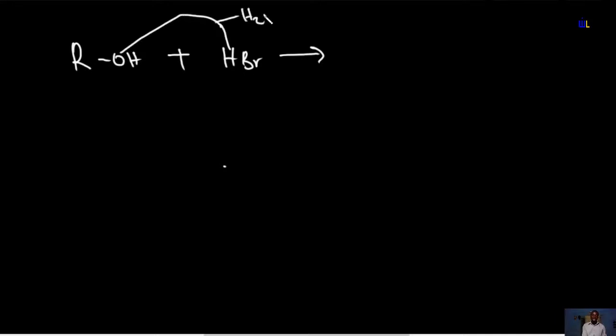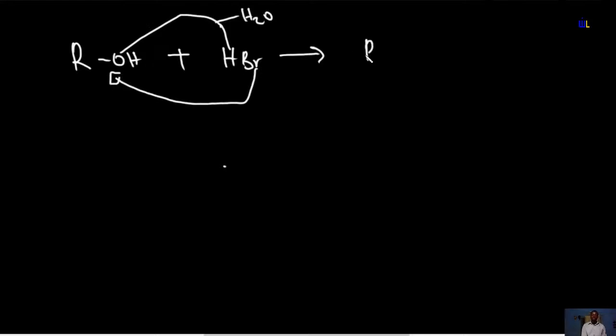Imagine, for instance, you have ROH, an alcohol, reacting with HBr. What is going to happen here is that hydrogen and hydroxyl will combine and form water. Then this Br will replace this.